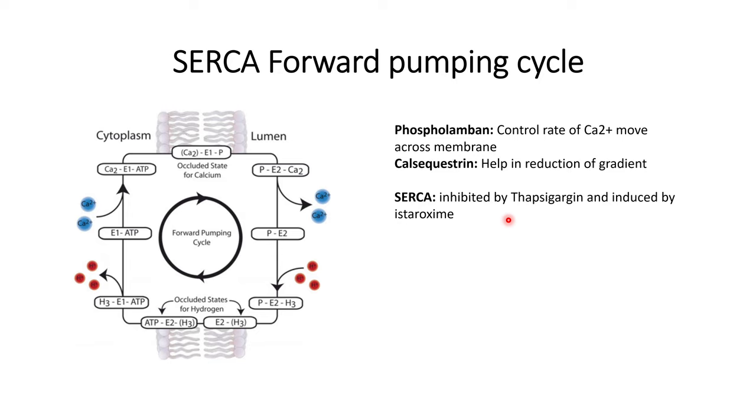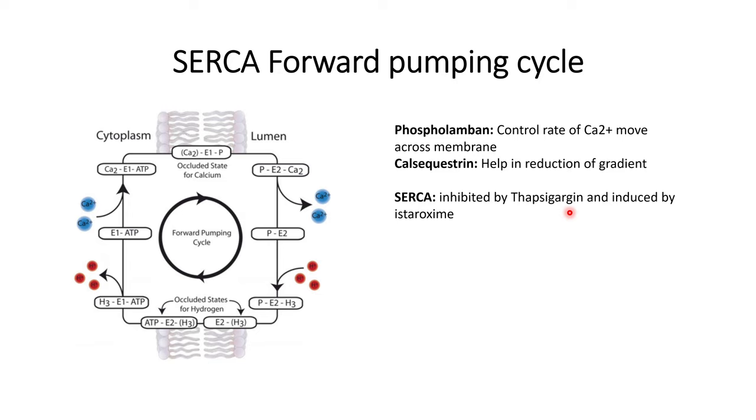One of the studies that has frequently been done to understand the effect of ER stress is artificially inducing ER stress by inhibiting this SERCA cycle, and that has been done by the addition of thapsigargin to the cells.